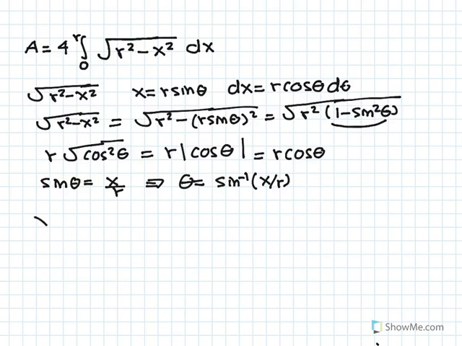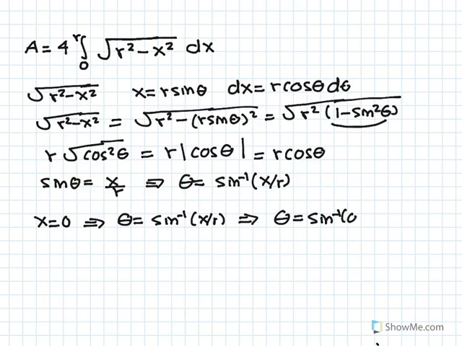Now, if we put the lower limit, x equals 0, into theta is equal to sine minus 1 of x over r, we will get theta is equal to sine minus 1 of 0. What is sine minus 1 of 0? Well, that's just 0. Now let's put the upper limit, x equals r, into theta is equal to sine minus 1 of x over r.